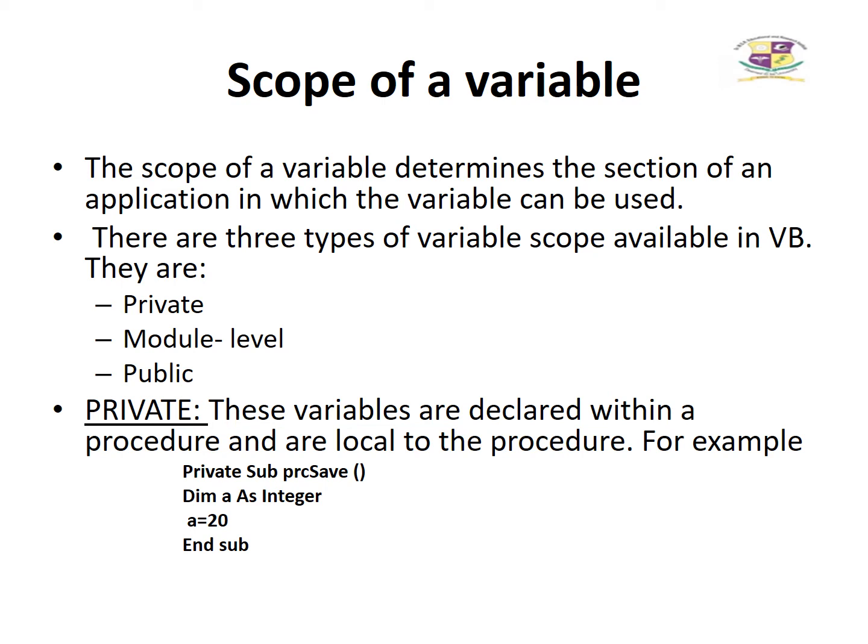An example is given where DIM a AS Integer indicates the variable a is of type integer and a value of 20 is assigned to it. And a is accessible only within the function save. It cannot be accessed outside the function.